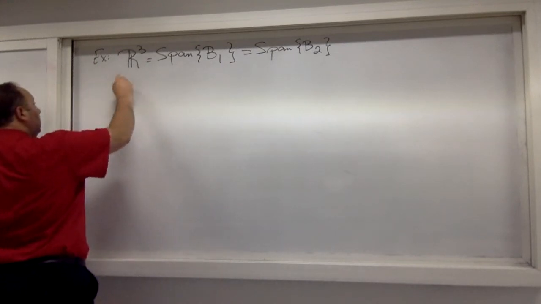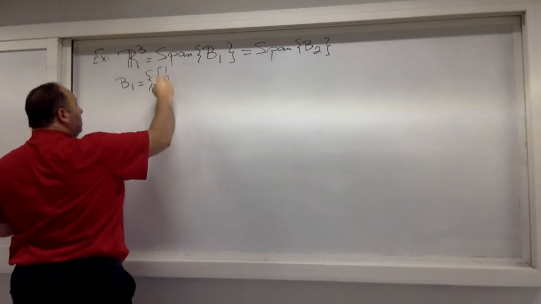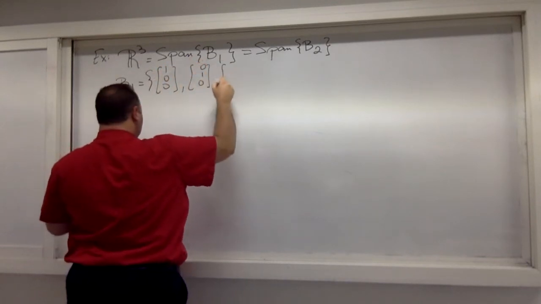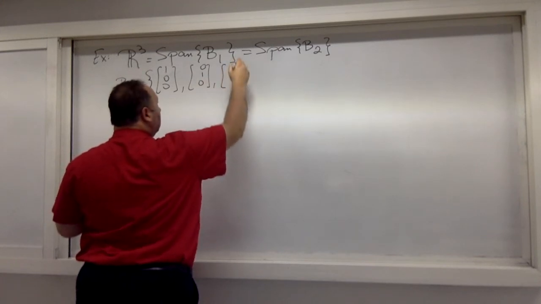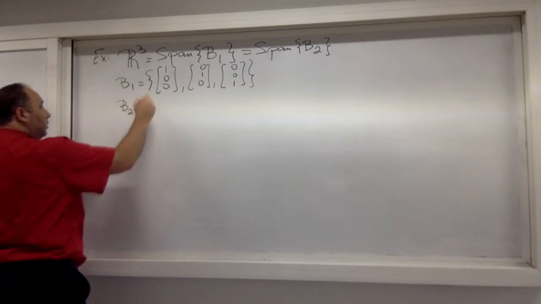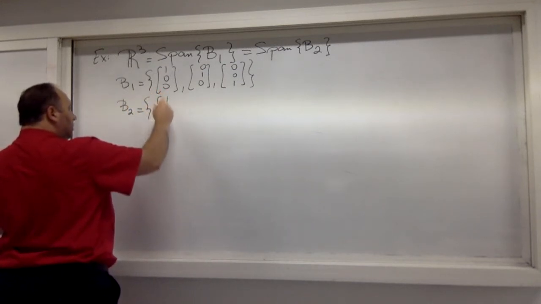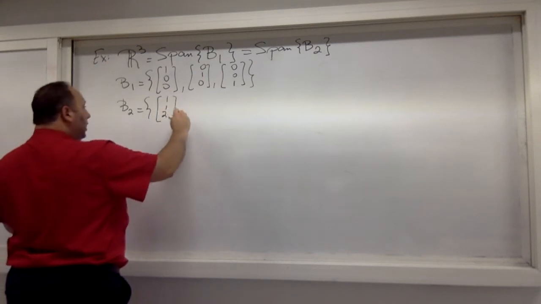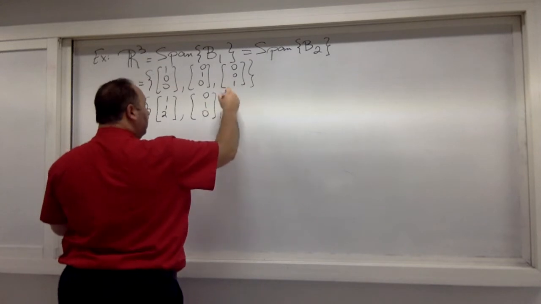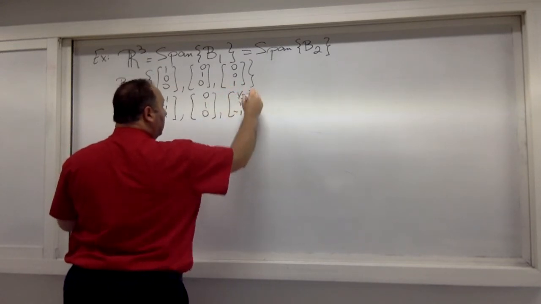So B1 will be a canonical basis. That's cute. And B2 will be some a little bit more elaborated basis, just to suffer a bit, sweat from time to time. So 1 minus 1.